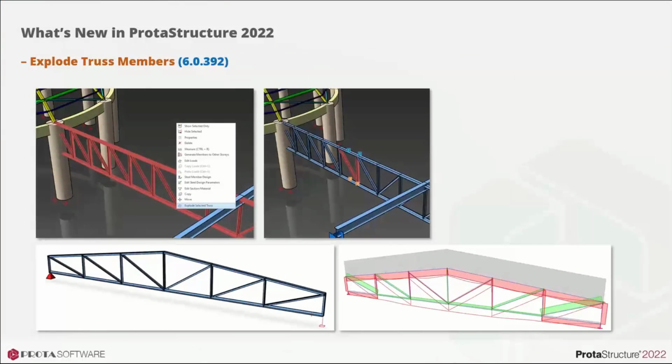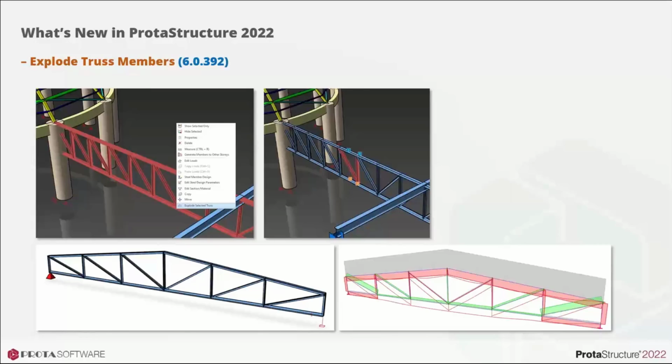So another important feature is the ability to explode the truss members. ProtaStructure already has a comprehensive and flexible truss macro, allowing you to create parametric trusses from an extensive library, or you can even create your own truss members with the truss editor.